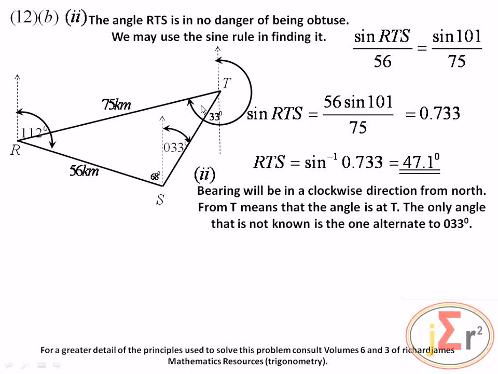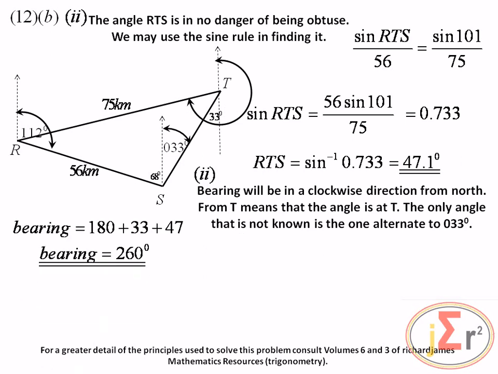We are trying to determine the bearing of R taken from T. So the line that goes from T to R is the one of interest, and we are going to start at north and go in a clockwise direction. So the bearing is equal to 180 plus 33 plus 47, and that turns out to be 260 degrees.